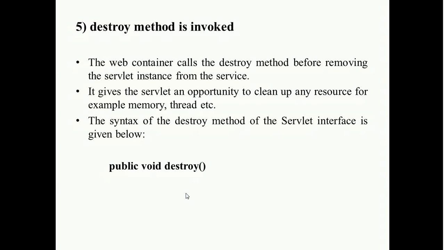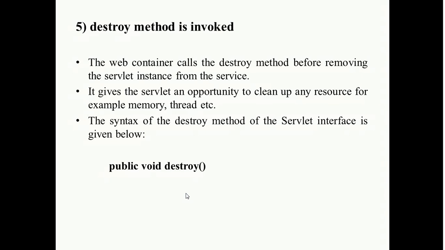The last step is that the destroy method is invoked. The web container calls the destroy method before removing the servlet instance from the service. The destroy method is mainly used to destroy or unload the servlet in the memory.